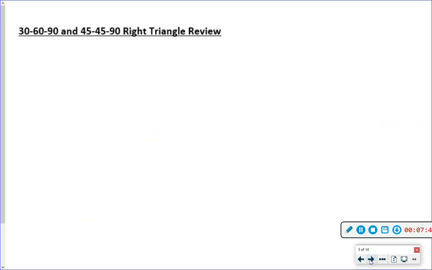All right. Now, we are going to start using, and it's going to be used a lot, our special right triangles, our 30, 60, 90, and our 45, 45, 90. So I thought you might need a little refresher on how the sides and the proportions work. I'm going to start with a 30, 60, 90.